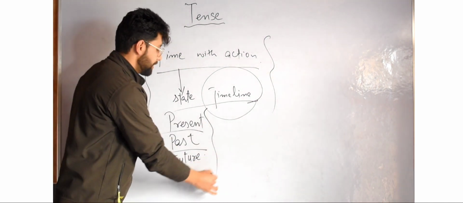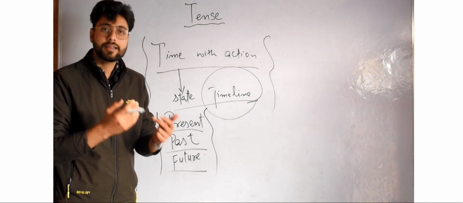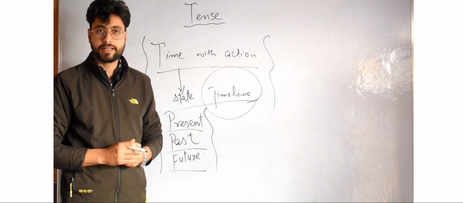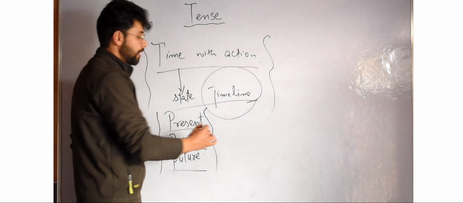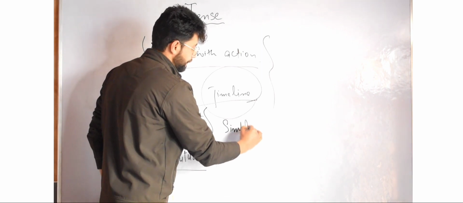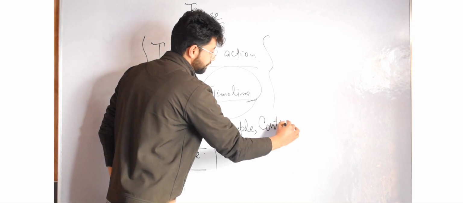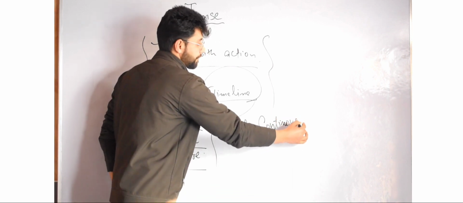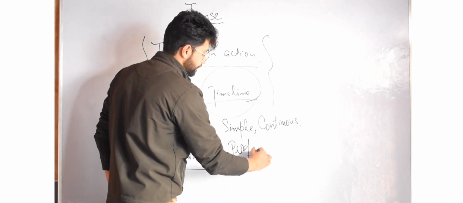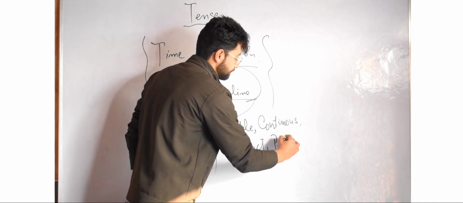Now these three can again be divided into four aspects, which are simple, continuous, perfect, and perfect continuous.